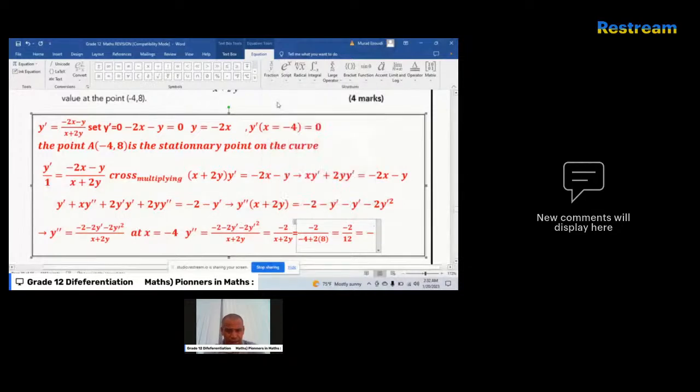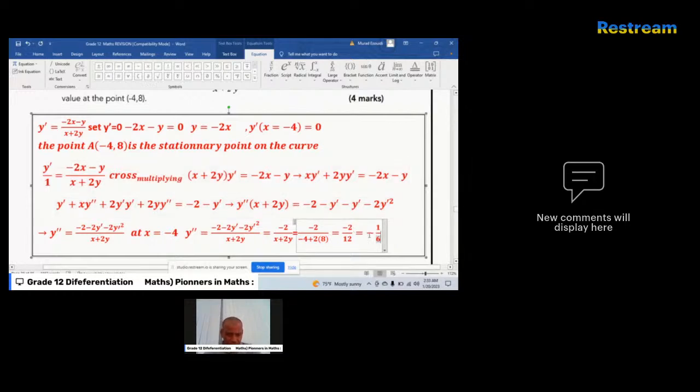Negative 1 over 6. So is it negative or positive? It is negative, which means it's a maximum. The second derivative of the function when x equals minus 4 is minus 1 over 6, and it's written in simplest form. If you use the quotient rule, you may find a number that is not written in its simplest form, so we should divide by the highest common factor.